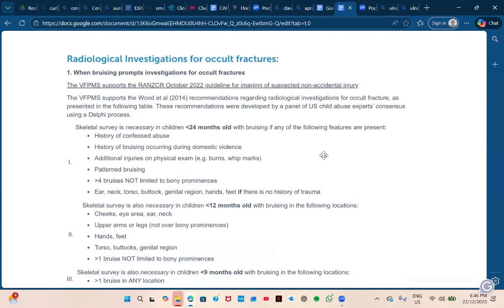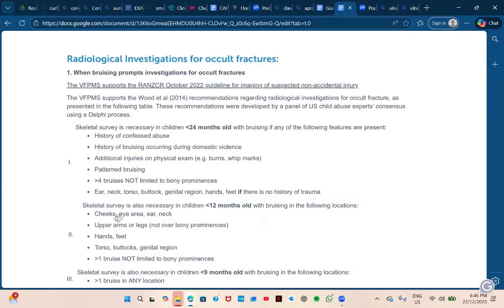With bruising, any of the following features present: history of confessed abuse, history of bruising occurring during domestic violence, additional injury on physical examination like burns, whip marks, or pattern bruising, like more than four bruises not limited to bony prominence, ear, neck, torso, buttock, genital region, hand, feet, if there is no history of trauma.